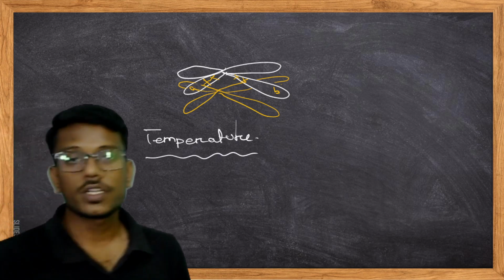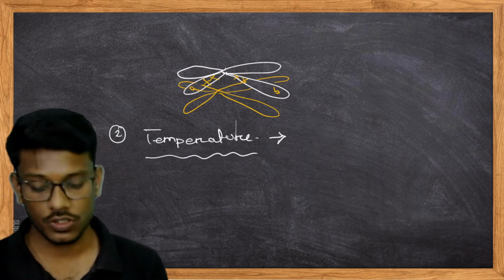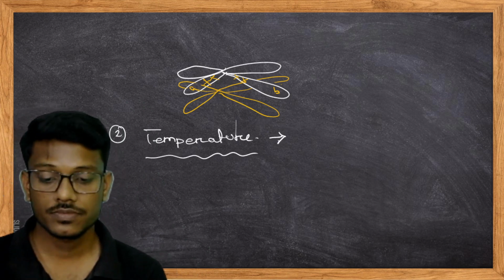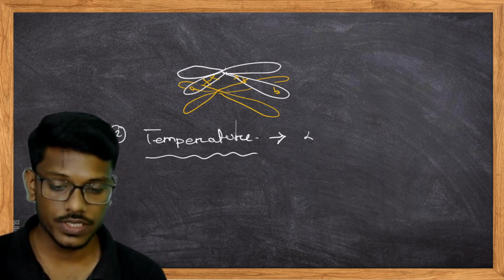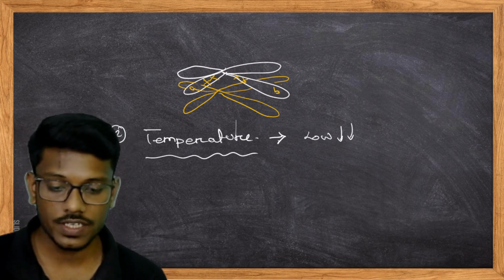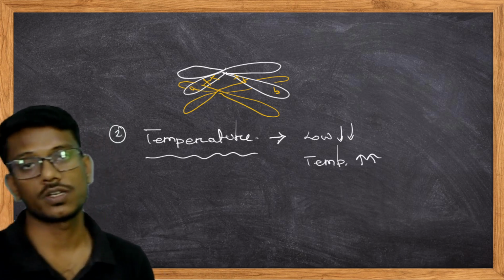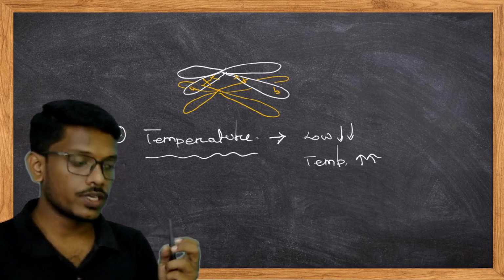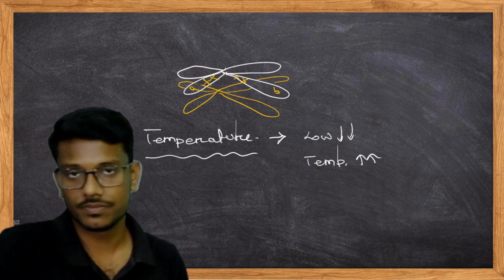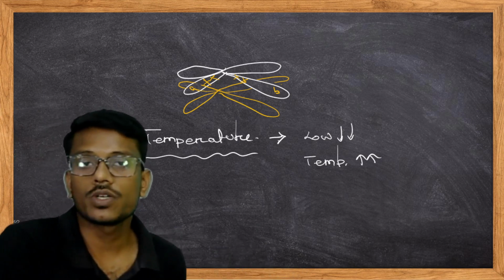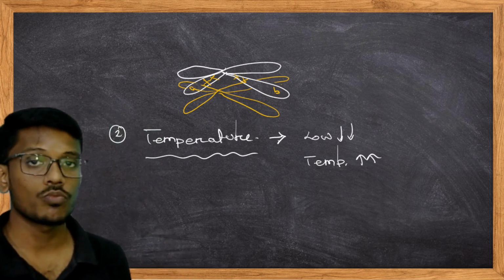Okay, temperature is also directly proportional to the process of crossing over. If the temperature becomes very low or very high, then that will promote the process of crossing over. If we take some organism, during the process of gamete formation, if you provide more temperature, there is a chance of more crossing over.